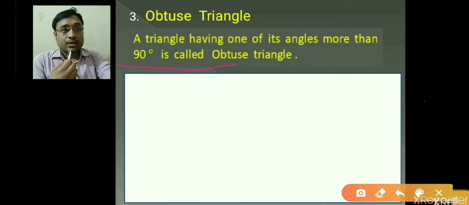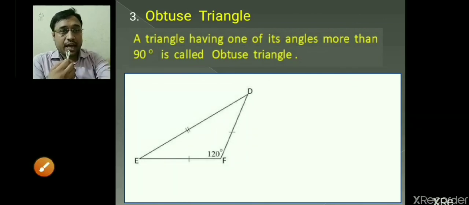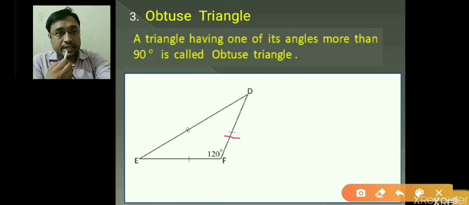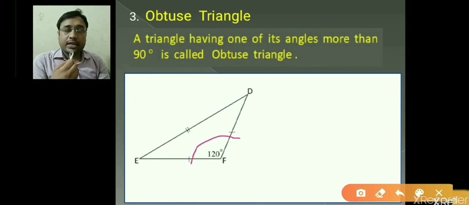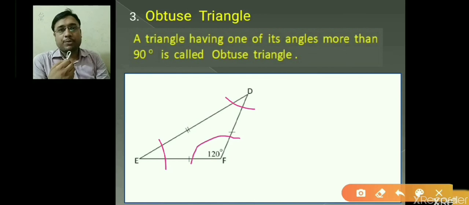Here you can see in this triangle, angle F is 120 degrees, which is more than 90 degrees. If any one angle is more than 90 degrees, then the other two angles will surely be acute, because they cannot be more than 90, as the sum of the three angles is 180.